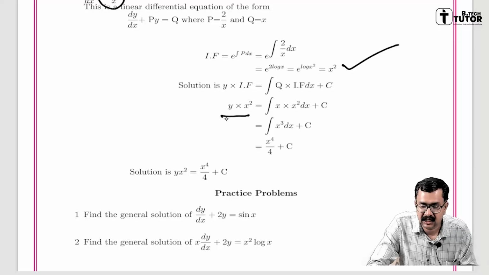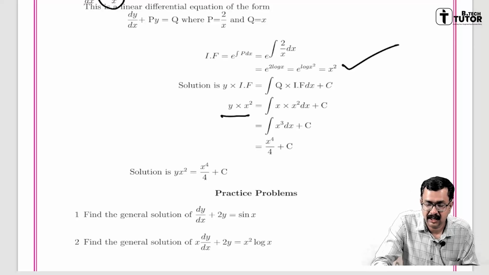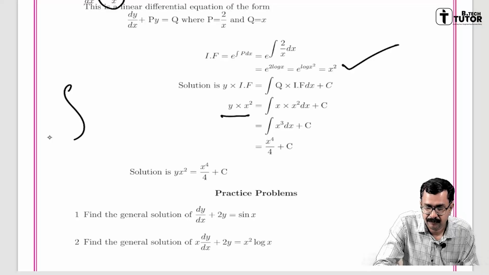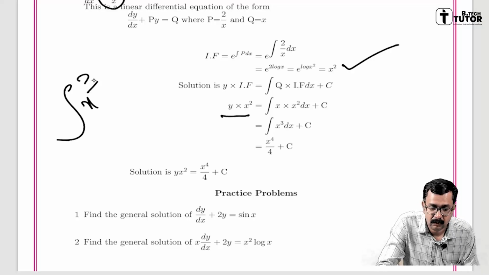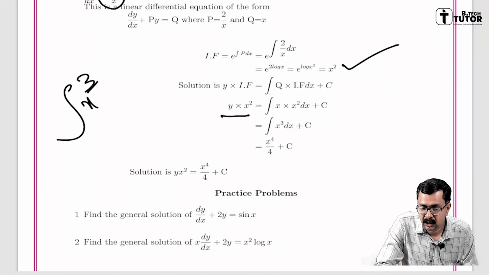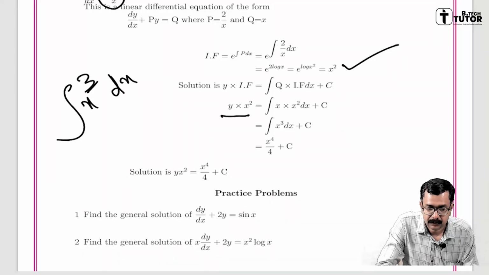Okay, that is y into x square equals integral of x into x square dx, that is integral of x cube dx, that is equal to x raised to 4 by 4 plus c.